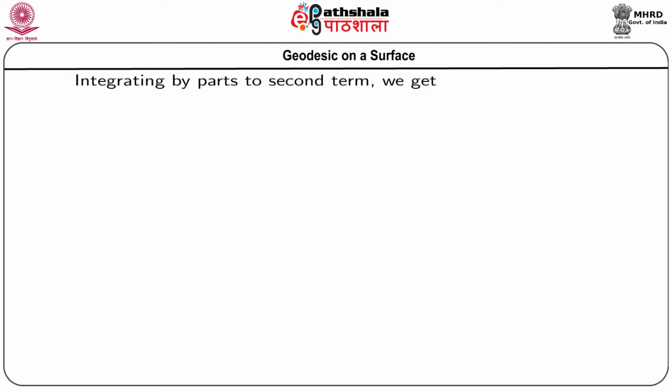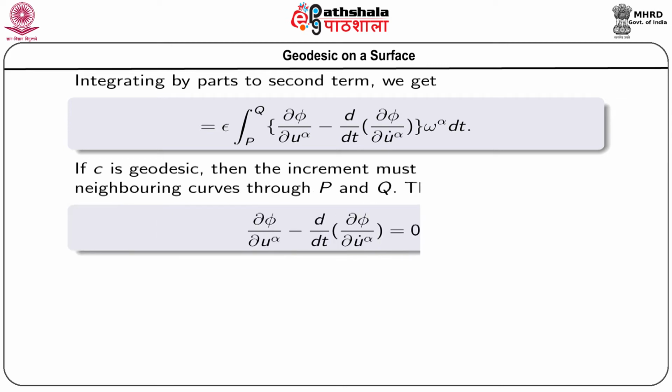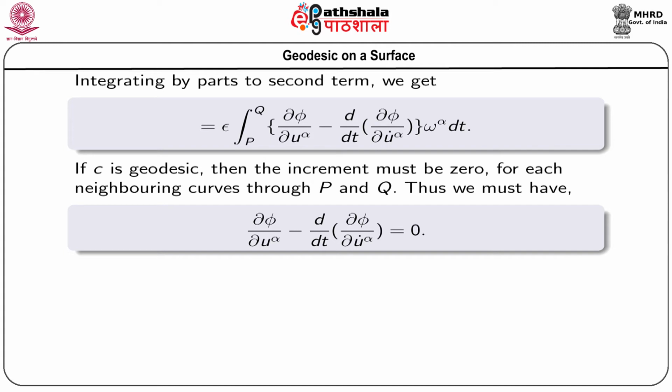Now, integrating by parts the second term, and after a little simplification, we get epsilon times the integral from P to Q of del phi by del u alpha minus d by dt of del phi by del u dot alpha, times omega alpha dt. Now, if C is a geodesic, then the increment must be 0, because it is the shortest one.